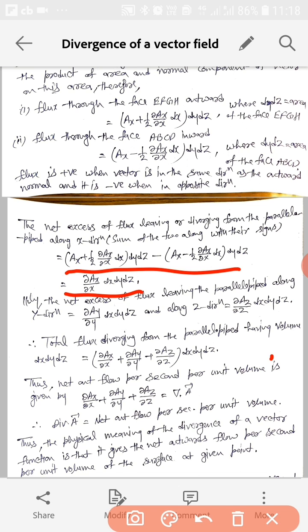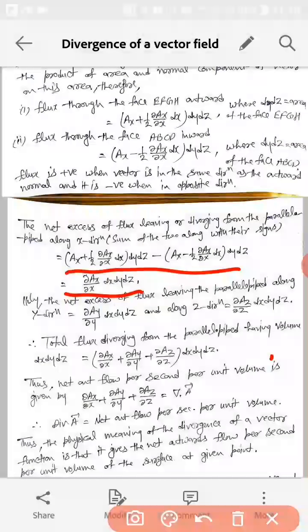That will also be given like this: along y it will be ∂Ay/∂y dx dy dz, and along z it will be ∂Az/∂z dx dy dz. So if we calculate the total flux diverging from the parallelepiped having volume dx dy dz, earlier we calculated the flux diverging in a particular direction.